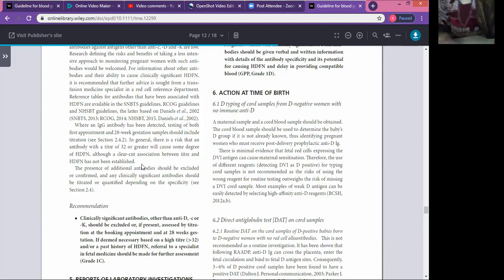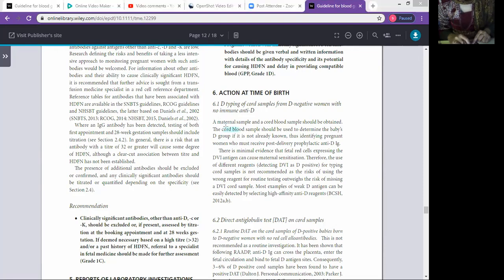This is another thing that they have mentioned in these guidelines: first the maternal sample and cord blood sample should be obtained, and on the cord blood sample we need to do ABO and D typing.